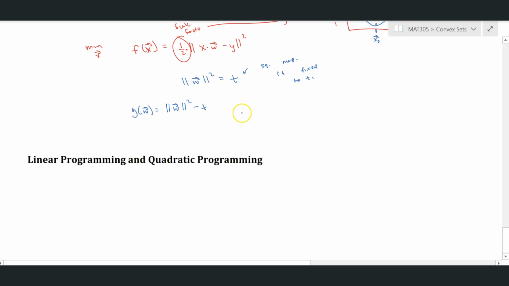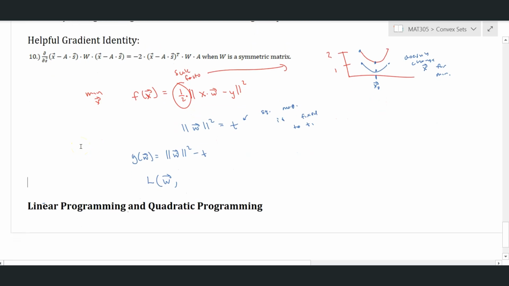Okay, so what the Lagrangian will look like, the Lagrangian, therefore, of, in this case, our estimation is going to be of, sorry, I should have put w over here, not x. This will be the w naught, and same thing here. Okay, so that's just the name of the variable, and then we also have lambda. Okay, so this will be f of w. Again, I did it here.